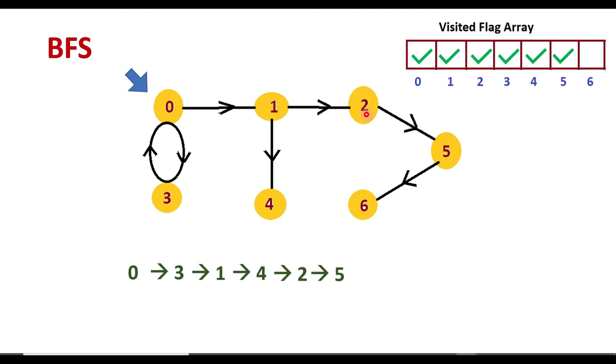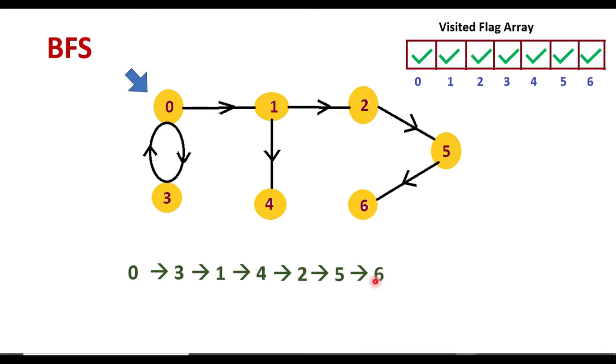Then from 5 I have to check where I can go, that is 6. So next I mention 6 here, and mark 6 as a visited node. From 6 we can't go anywhere, so we stop here.